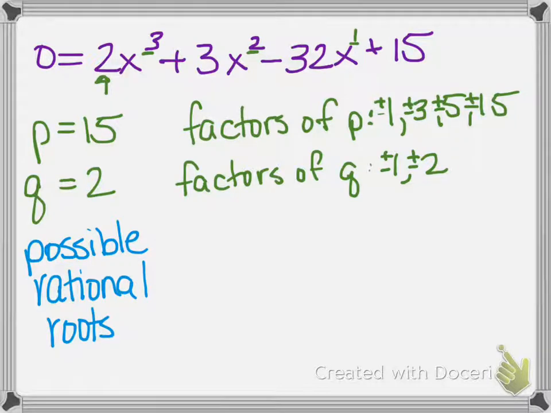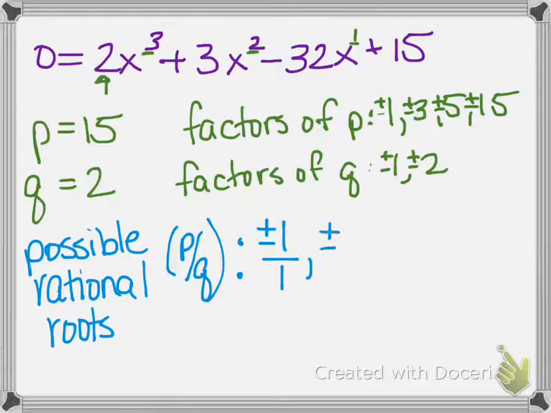Possible rational roots is the P divided by Q. So we have P, just write the plus or minus with the P. Positive or negative 1 over 1, positive or negative 3 over 1, positive or negative 5 over 1, and positive or negative 15 over 1.